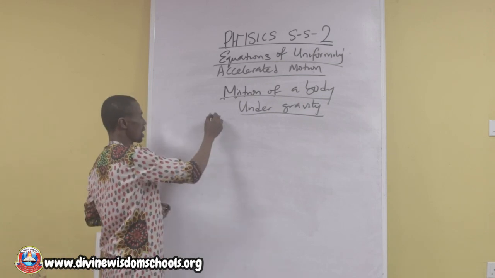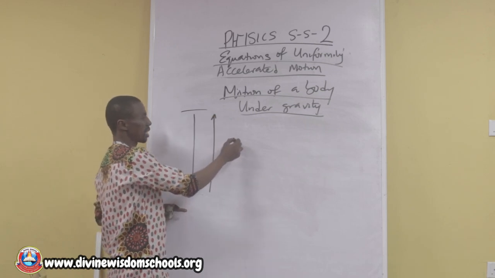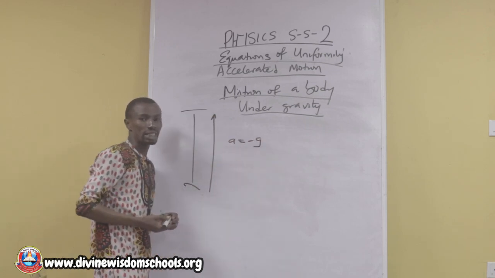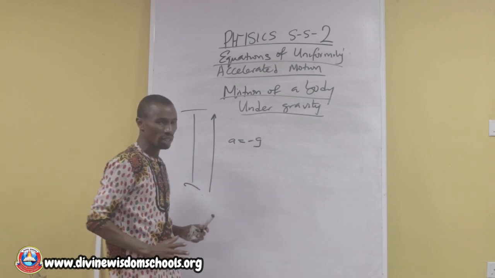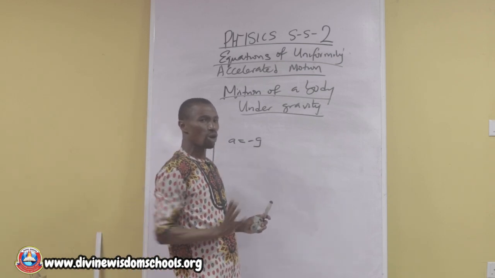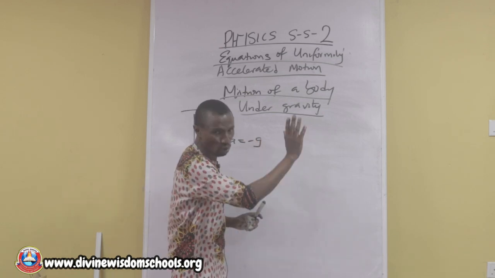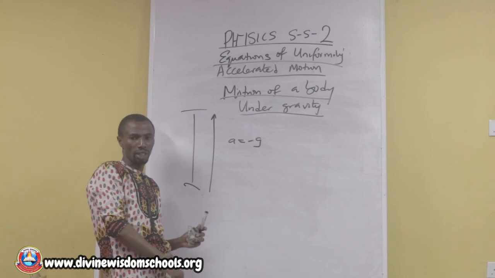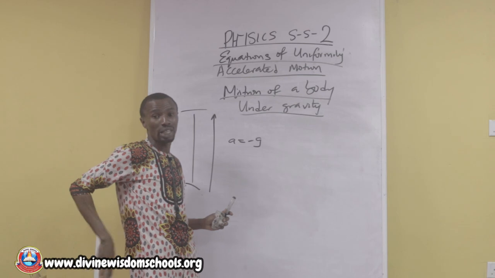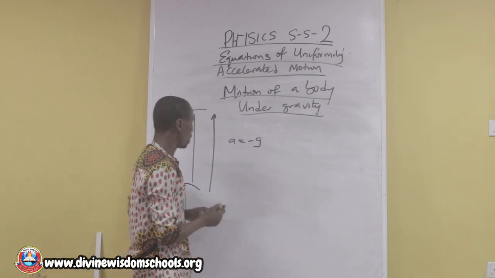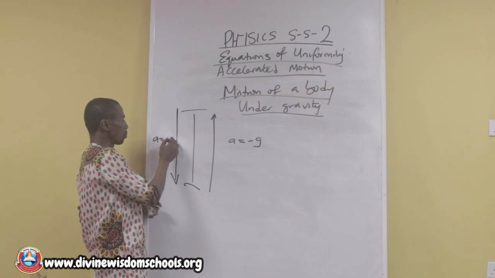For example, if an object is going upward, the acceleration is equal to minus g. Why is it minus g? Because it's against gravity. For example, if you are walking on a staircase, you notice that it's more difficult to move upward than coming down from the building. So that is why we are having a negative answer. You are trying to go against the force of gravity. But for a body coming down, acceleration is plus g.